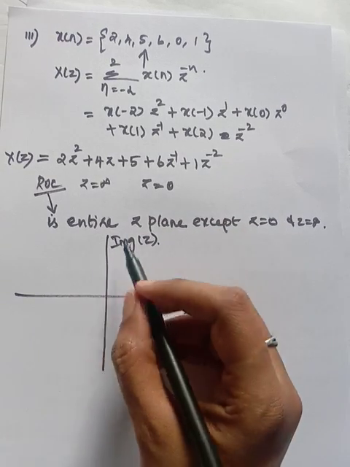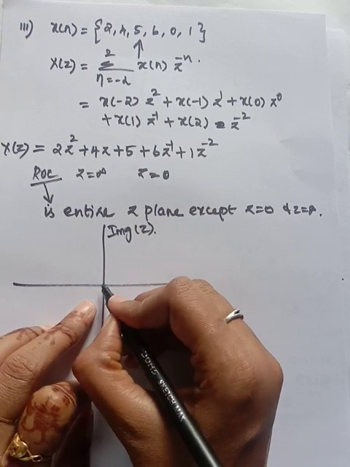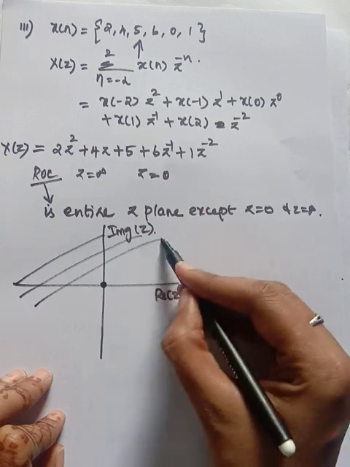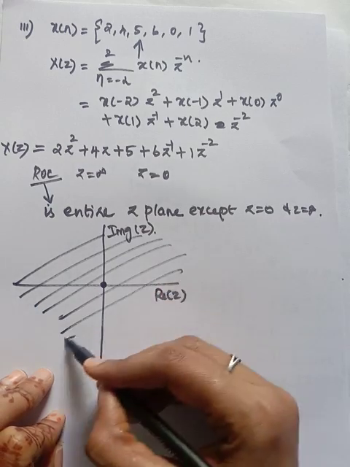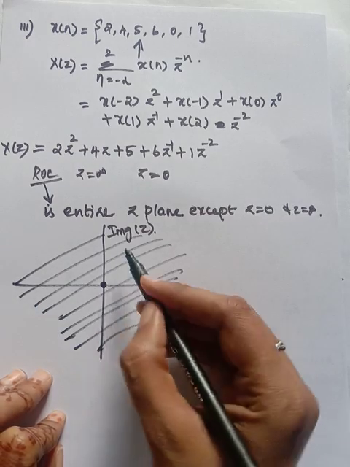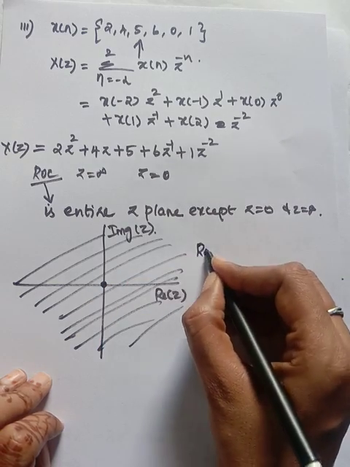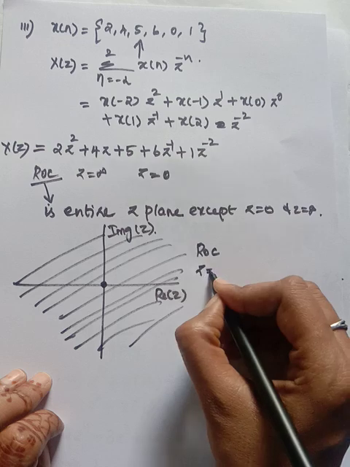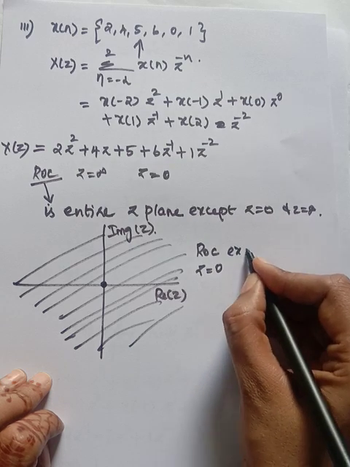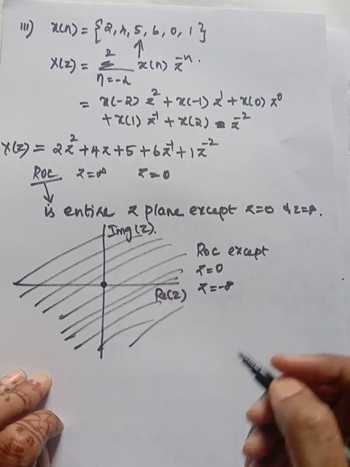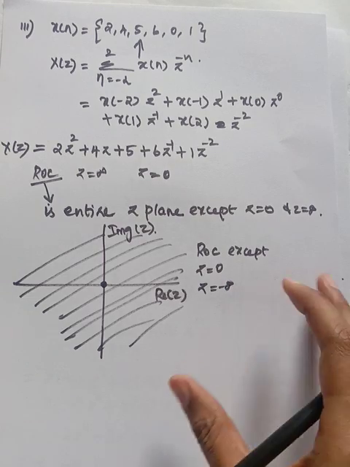Here the exception is z equal to 0, so you need to draw a dot here. So it is the entire z plane except z equal to 0; we may not be able to draw infinity. Here you need to write that the region of convergence is the entire z plane except z equal to 0 and z equal to infinity. Like that you need to draw it.